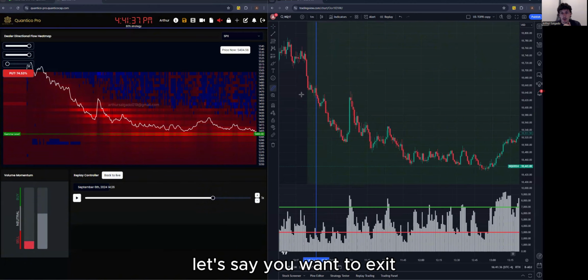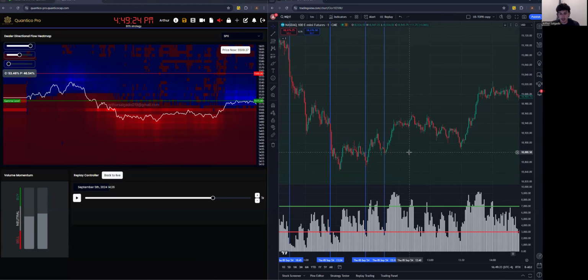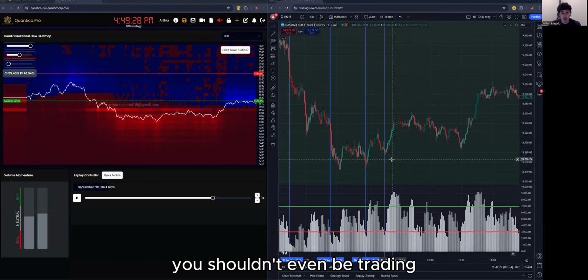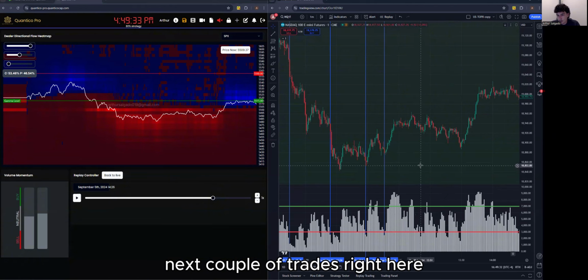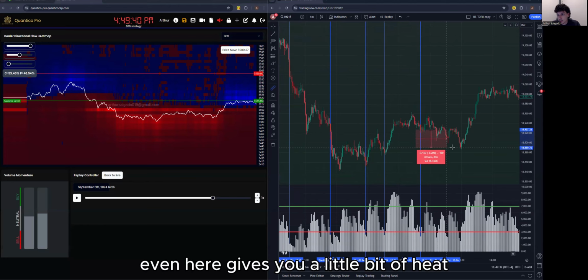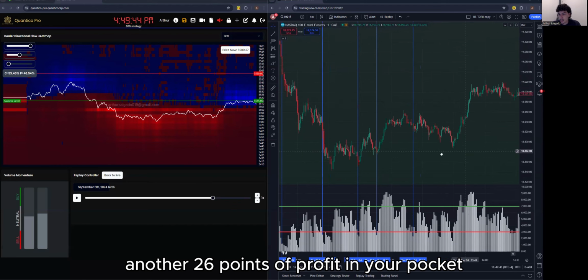Even if you did take those stops, they aren't big enough to completely wipe clean your profits. And besides, this is already during lunchtime. You shouldn't even be trading. But even if you did, the next couple of trades right here makes it pretty much all back. Even here gives you a little bit of heat. If you exit around this point, another 26 points of profit in your pocket.